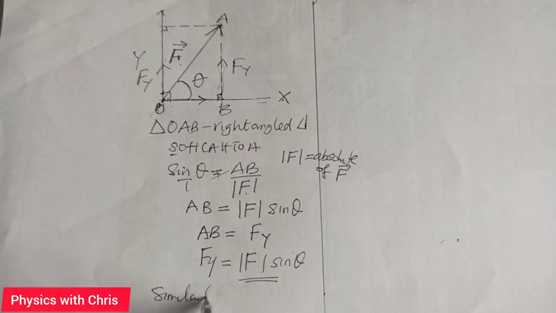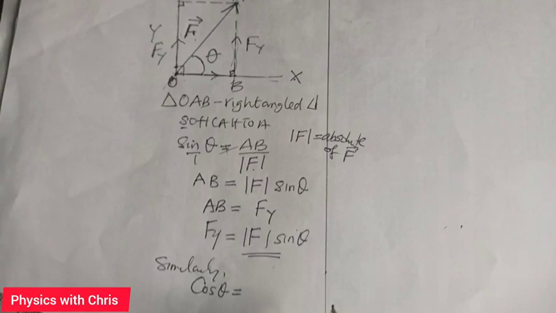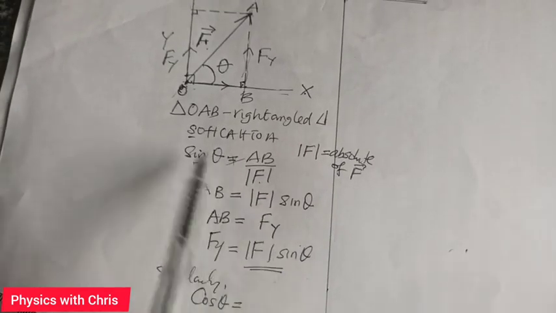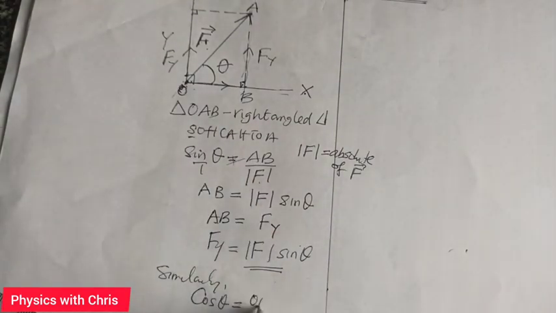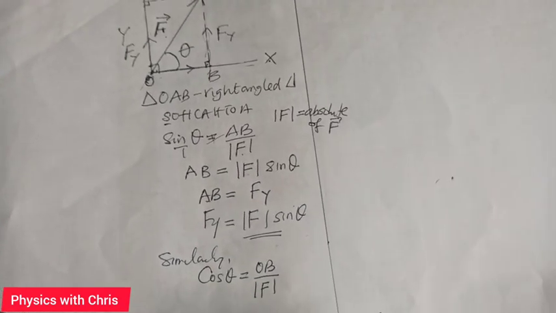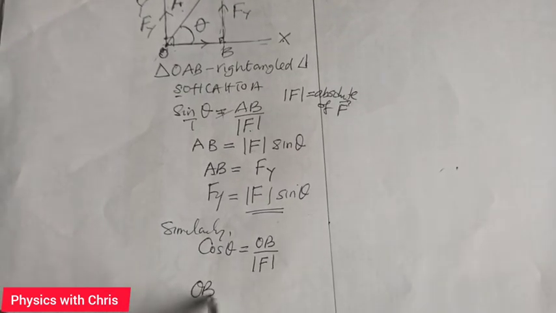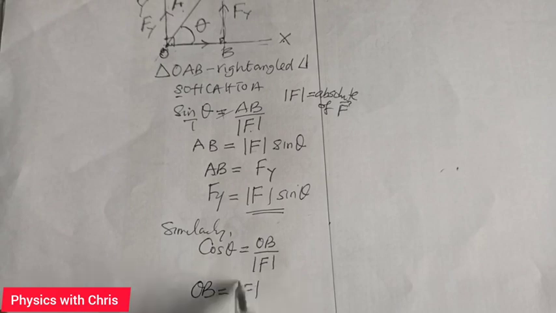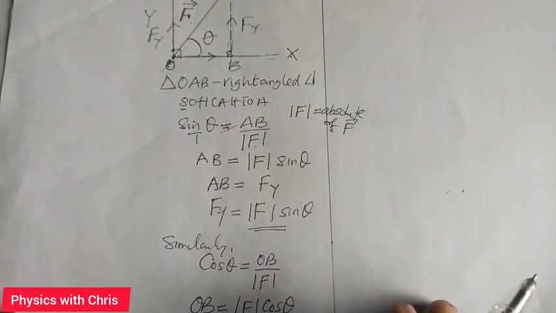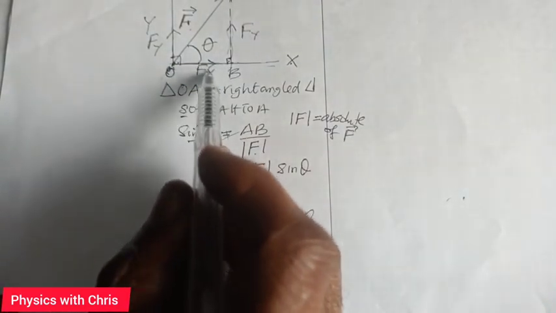Similarly, if I use cos theta now, my cosine theta is the adjacent side, which is OB, over the hypotenuse, which is modulus F. So my OB is equal to the absolute value of F times cos theta. Now come back here. My OB, I can call that Fx.